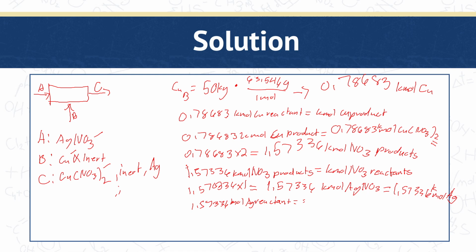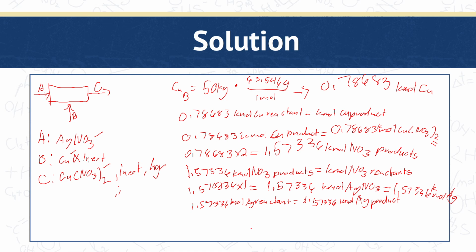So this is now equal to 1.57336 kmol silver in product. And since silver appears only once in your product and it's naturally shown as silver, we already have your last value for moles.